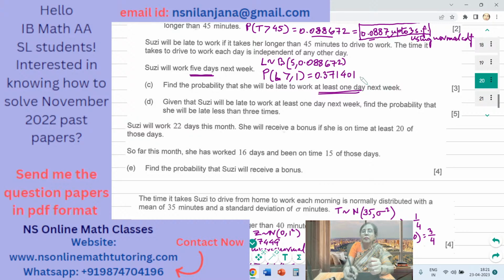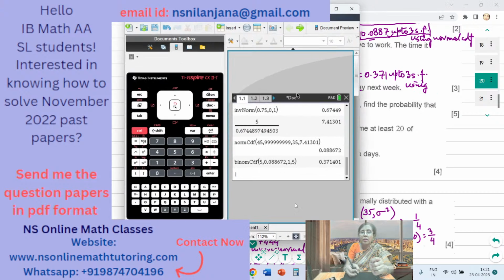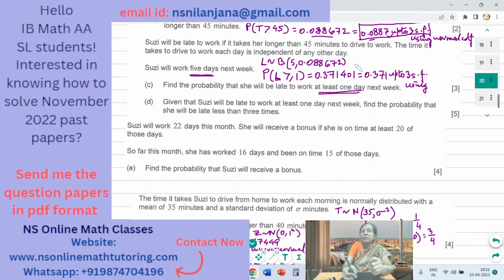0.371401 equals 0.371 up to 3 significant figures using binom CDF. You have to write this. How are you getting these values? You have to write them. If you have time, you write the number of trials, the lower bound, the upper bound separately.